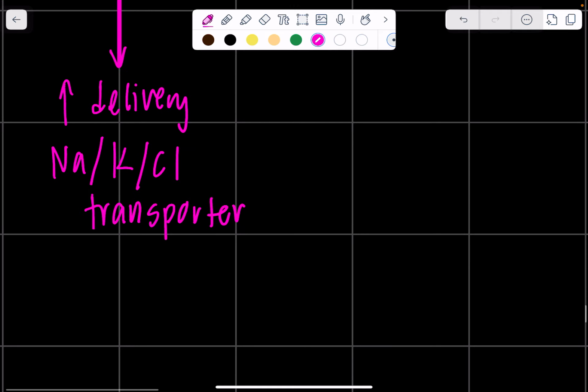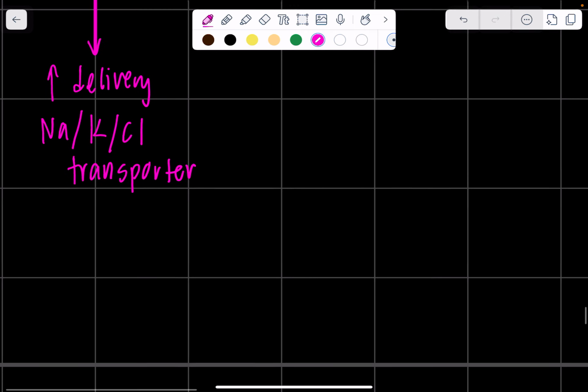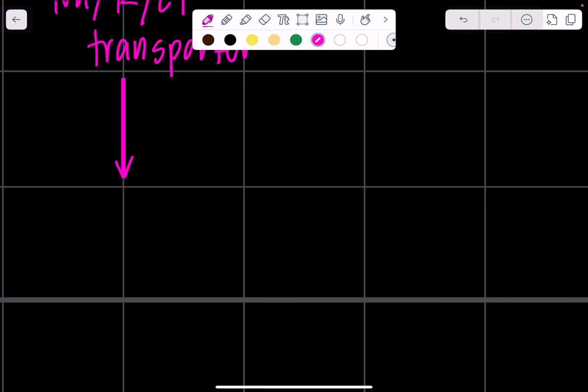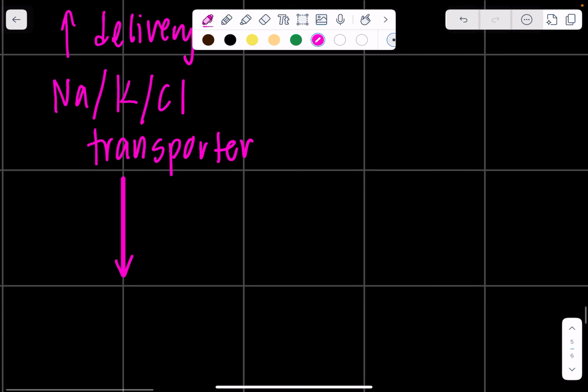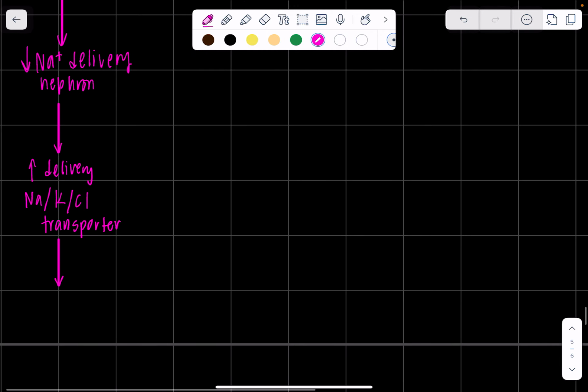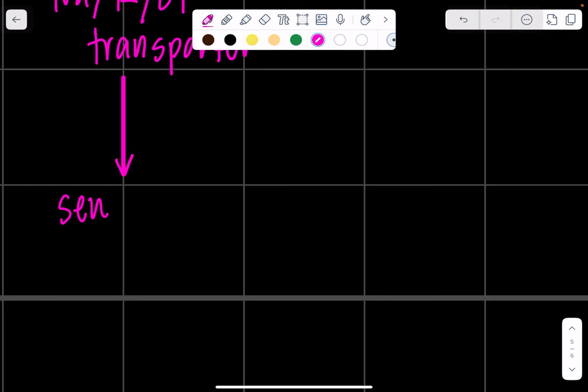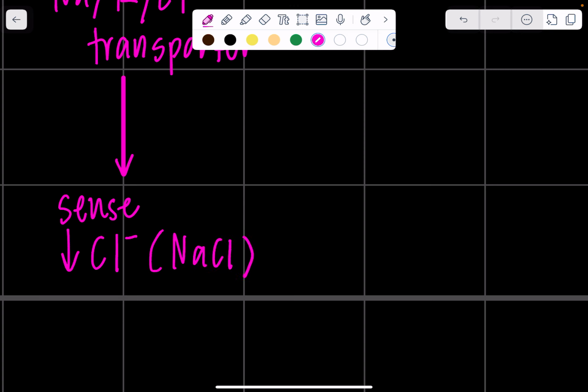And so this transporter will realize that there's a shift that has happened, this hypoxia-related shift that causes a drop of NaCl to our nephron, right? So it senses a decreased chloride that's supposed to be coming from the NaCl.